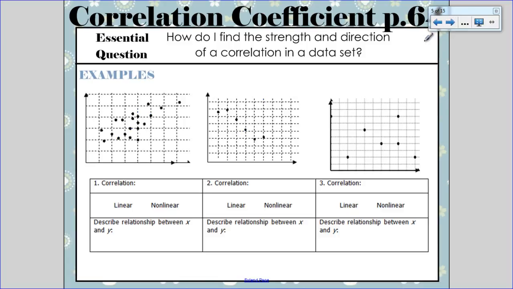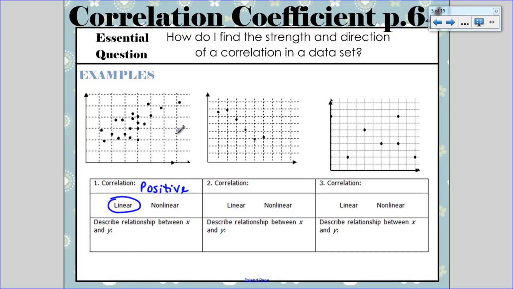So here are some examples. This first example has a positive correlation because as you go from left to right, the values increase. It does start to increase. I would not say that this is linear. It's sort of all over the place, but you can call it linear if you want. I could draw a line of best fit through there. It just wouldn't match it very well.